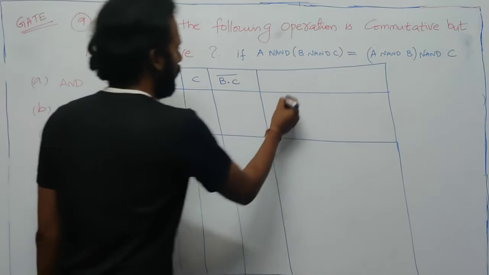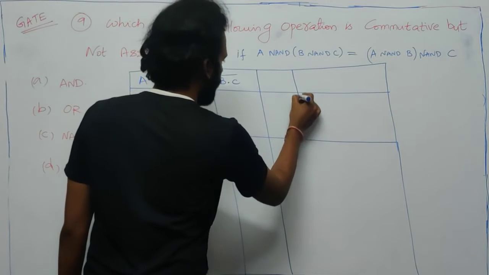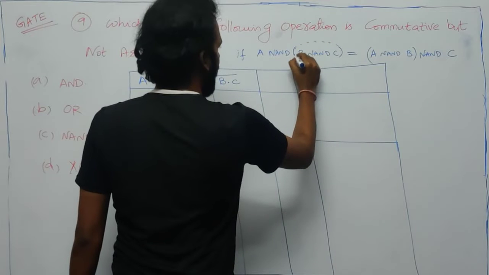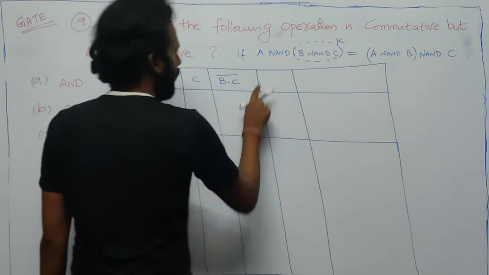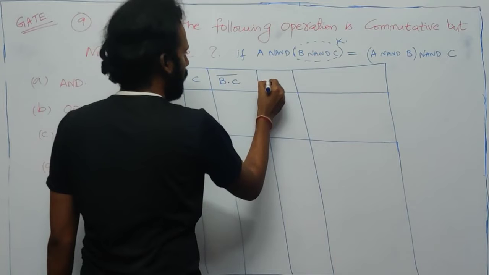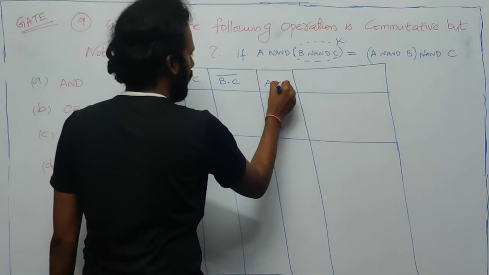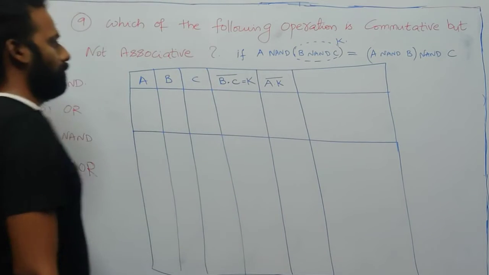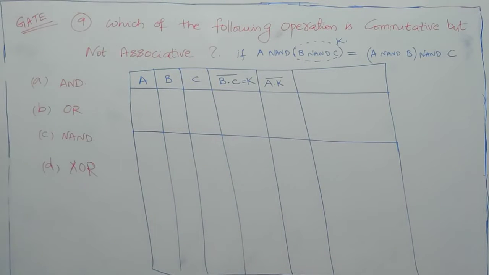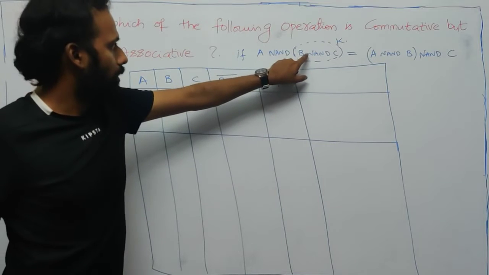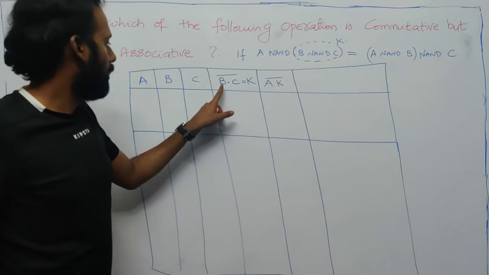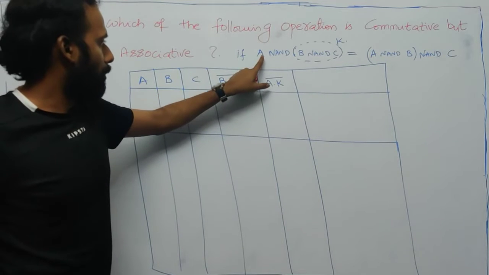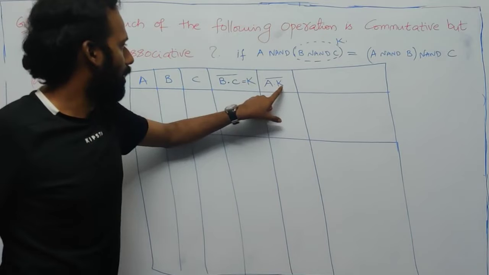Let's say this is K. Now A NAND K means A dot K whole complement. So first we have to calculate K by doing B dot C whole complement. Then you have to perform A NAND K, that means A dot K whole complement.